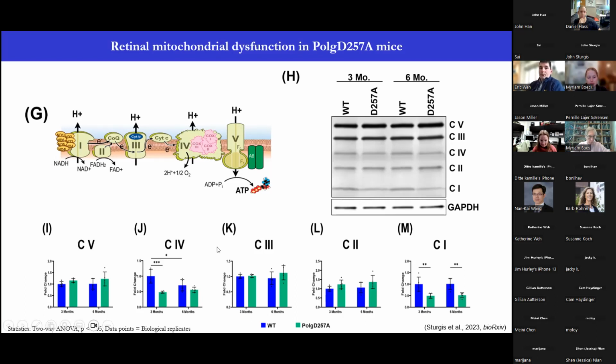And actually this COX-4 antibody in this cocktail specifically targets the subunit COX-1 of complex 4. And so it's not really surprising that these are the complexes that seem to be the most affected, because these are both the most mitochondrial DNA encoded.